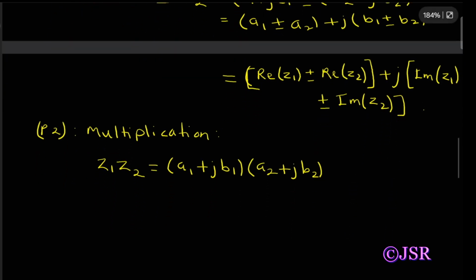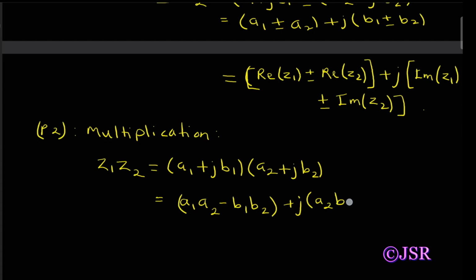So further simplifying, we will get a1 a2 minus b1 b2 plus j times a2 b1 plus a1 b2.